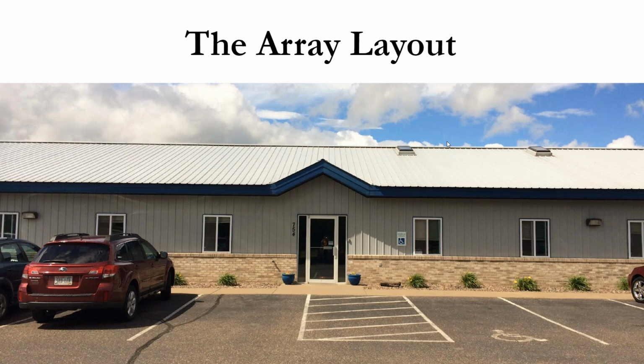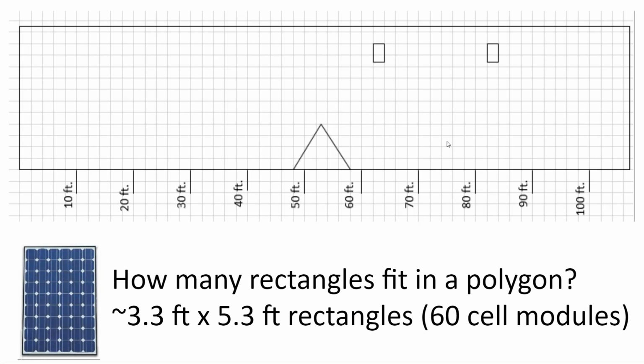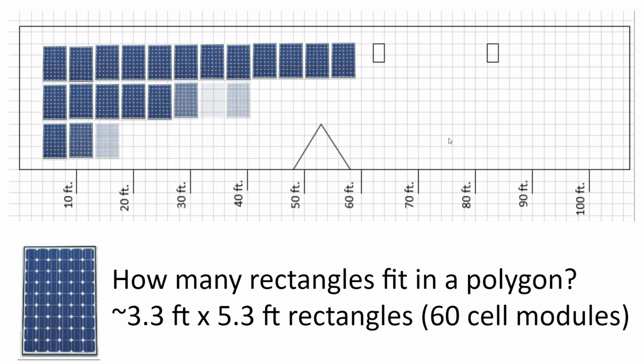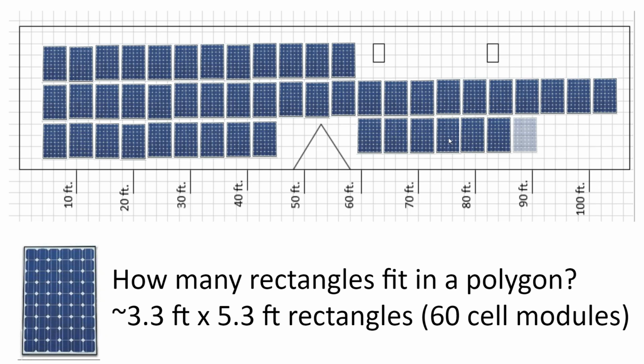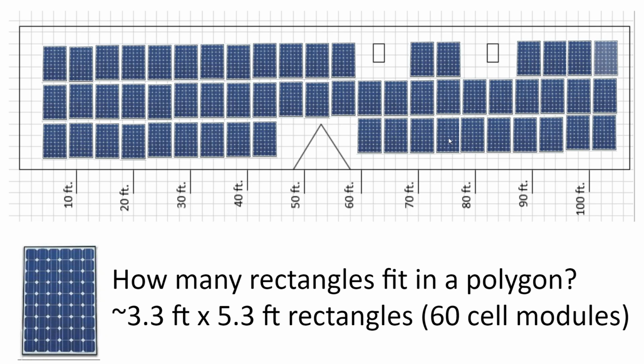So let's talk about racking design. Now, at a very high level, solar design is how many rectangles can you fit into the larger polygon. Not too hard to figure out, particularly for an engineer.